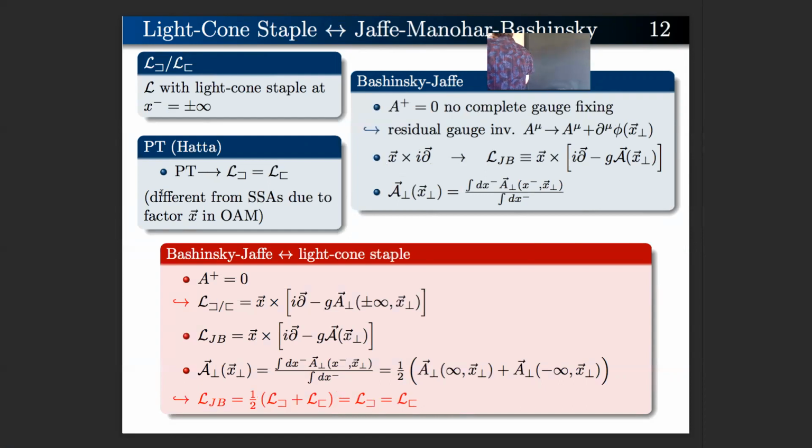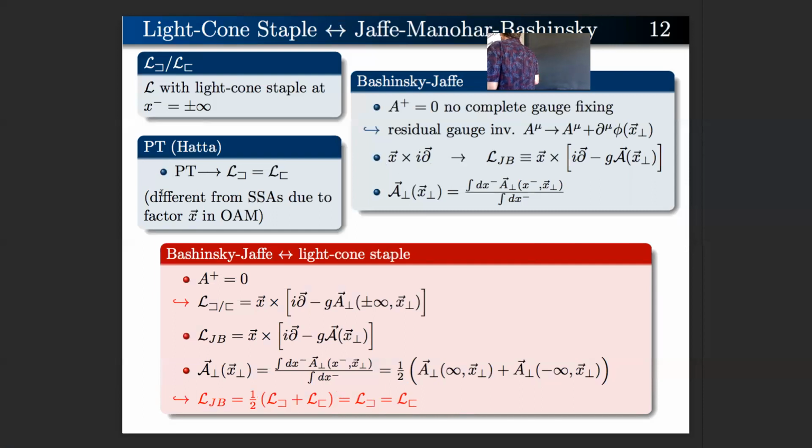And to address that, Jaffe and Bashinsky wrote down a definition of quark orbital angular momentum that involves the zero mode of the transverse gauge field, which is defined like here, the average of the transverse gauge field along the light cone. That turns out to be equivalent to taking the average between minus infinity and plus infinity of the transverse gauge field, because this integral is dominated by its asymptotic values at plus or minus infinity.